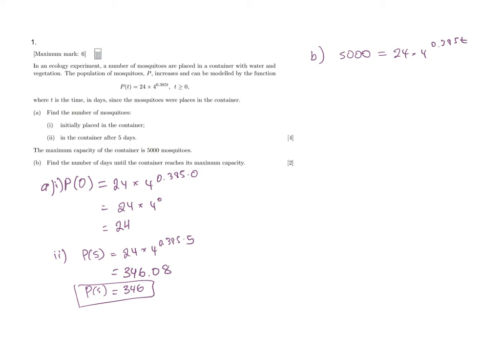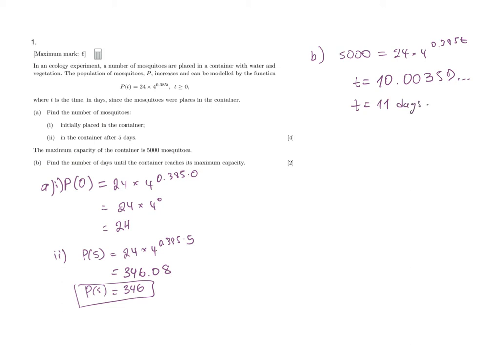So I would use my calculator with the graph method, and with that method we find that t is equal to 10.00357. Now this number is bigger than 10, so the final answer would have to be 11 days.